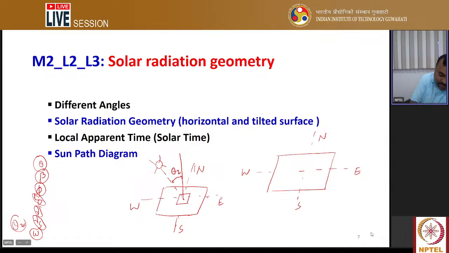If we project this on the horizontal surface, the angle it makes is gamma s, which is nothing but the solar azimuth angle, and this angle is the altitude angle. And this is the normal to the horizontal.